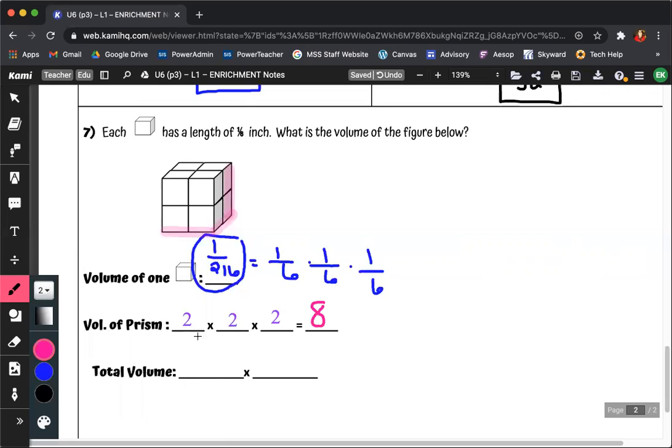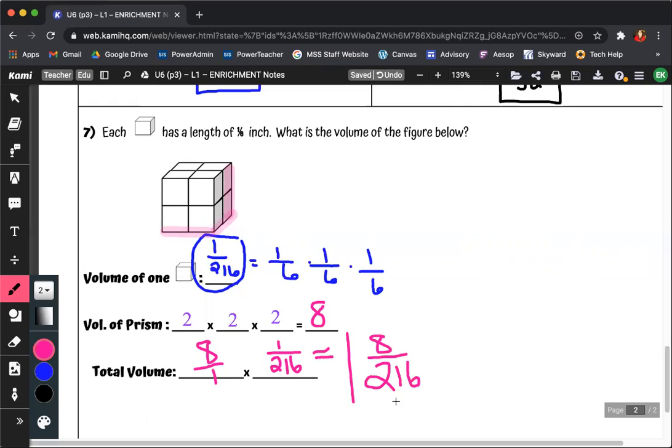So for the total volume, we're doing 8 times 1 over 216. This is a big number that's not on your factor chart. So I'm fine with it if you just leave this as 8 over 216.